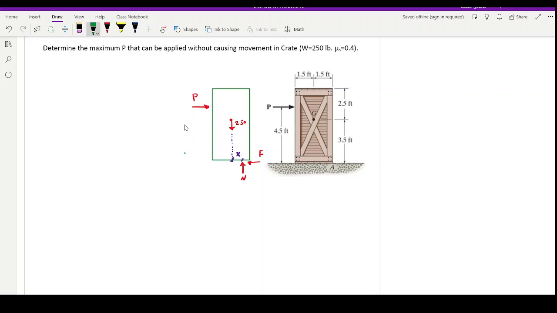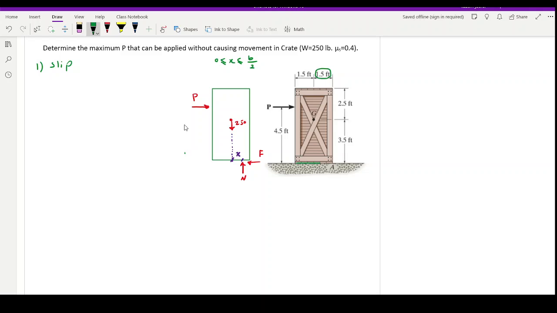So we assume that a slip will occur, and we are checking to see whether this assumption is correct or not. Now, in order to fulfill this assumption, this x needs to be between 0 and b/2. This b/2 is this 1.5.